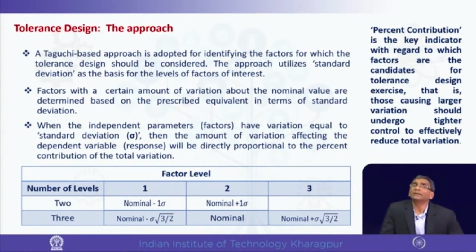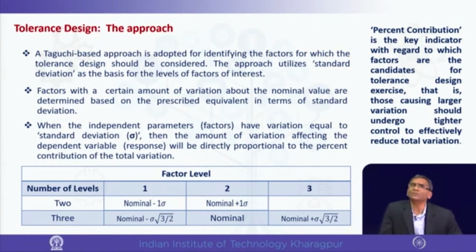Here the important point is that in tolerance design, we must define which out of so many factors or components involved matter, because all components are not equally responsible for the deviation or variation in the outcome. So, which are those on which the outcome depends is the first thing to be found out. Which are those candidates on which we have to apply tolerance design in particular?